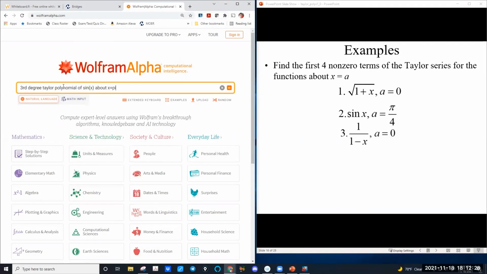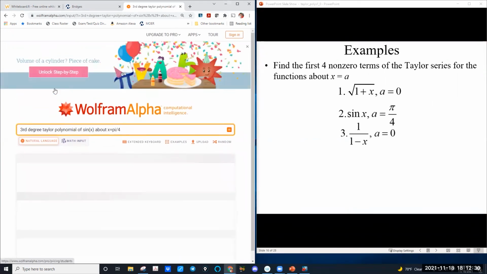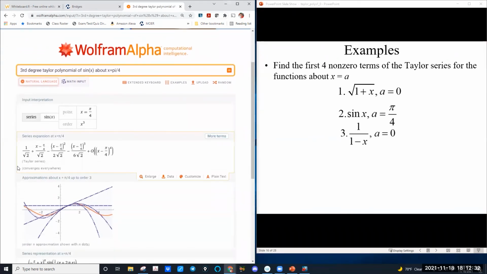And this is actually really impressive. There is your first 4 non-zero terms of this Taylor polynomial. It's centered at pi over 4. That's why we have the x minus pi over 4.